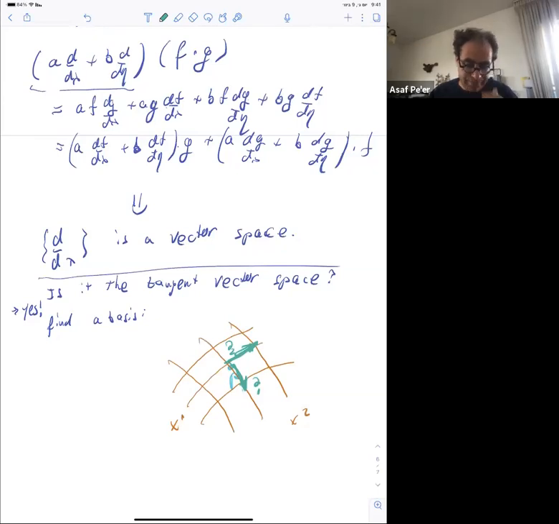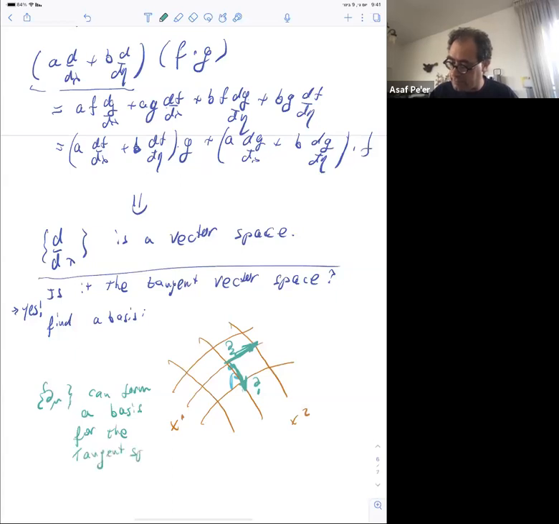So d mu can form a basis for the tangent space TP.